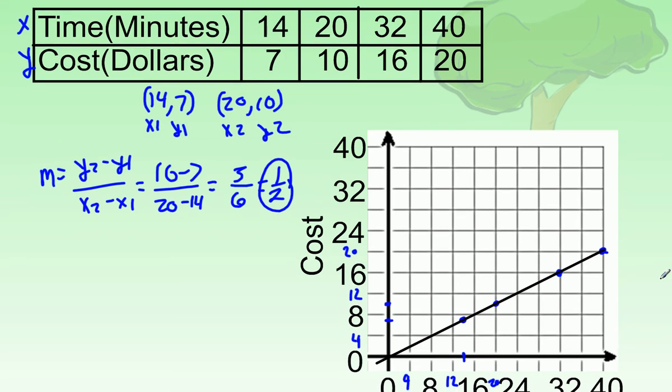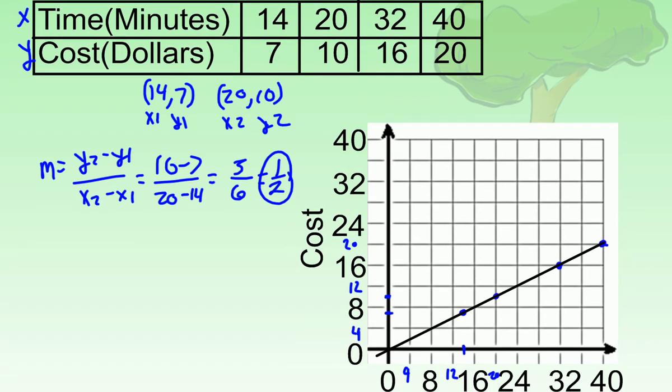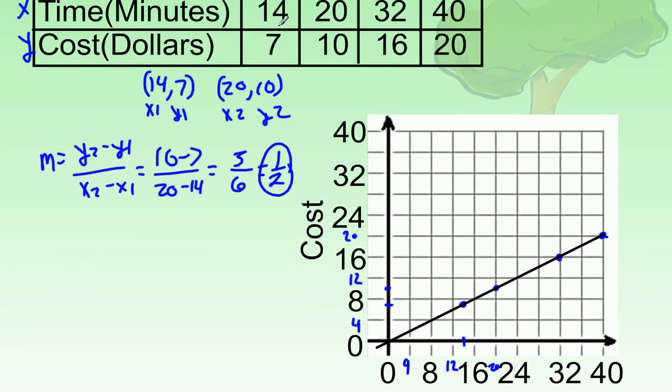Now, I also mentioned that this is a proportional relationship. It is. All those other proportional relationships, it went through 0, which this does. So I'm going to use a proportion as another way to show the relationship between the time and the cost. So remember we did this before. We picked one of these points. We said, okay, so time, cost.